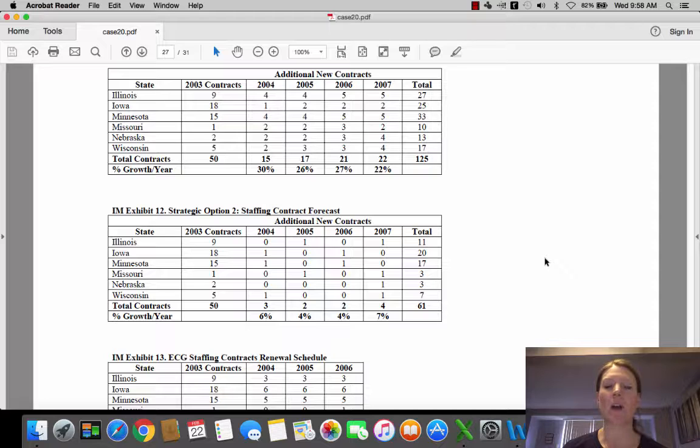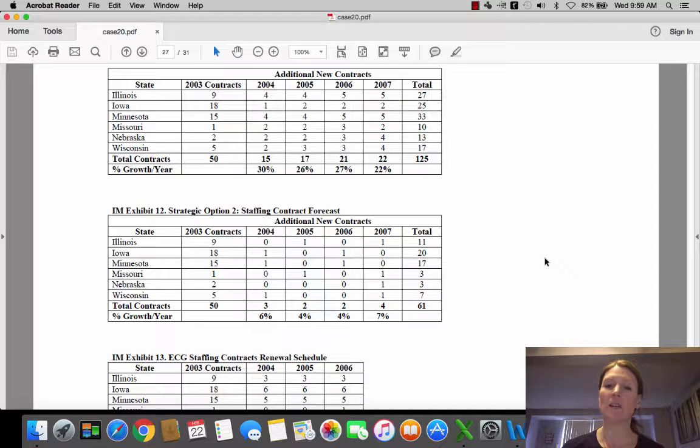Just as an epilogue to this case, this is a real case. These cases that we look at are real. People wrote them that had real experience with them. And they actually did not meet the $50 million sales goal. They were somewhere more in the $26 million range.